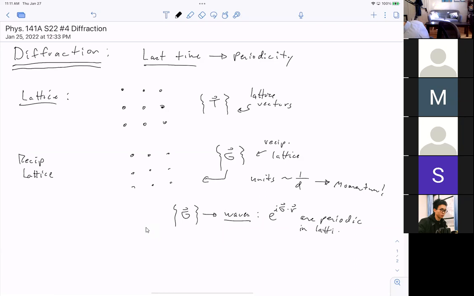So last time I gave you some formula for calculating it. If I give you the real space lattice, you can calculate the reciprocal lattice by plugging into a formula. But what you should be thinking in your head is that all those reciprocal lattice points correspond to wave vectors. So G is a wave vector. And these wave vectors then lead to waves that are periodic in the lattice.